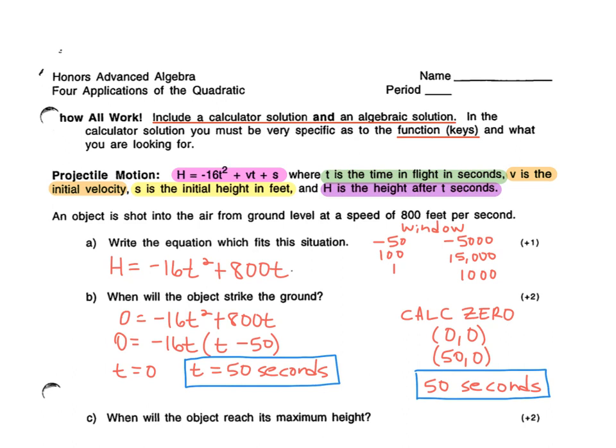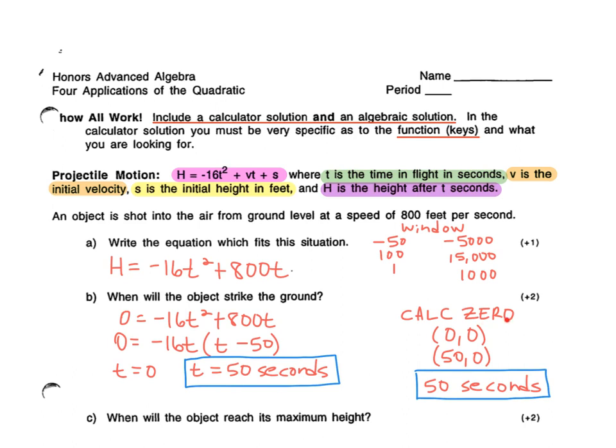Now, these are the x-intercepts, so to speak, or the time intercepts, if we want to think about it that way, since we have the variable t right here. To find those on our calculator, hopefully you recall that we do calc, zero. Then we are asked three questions for each x-intercept.